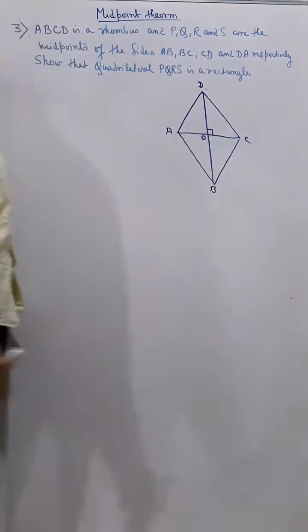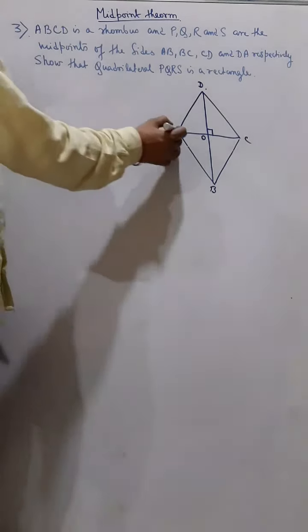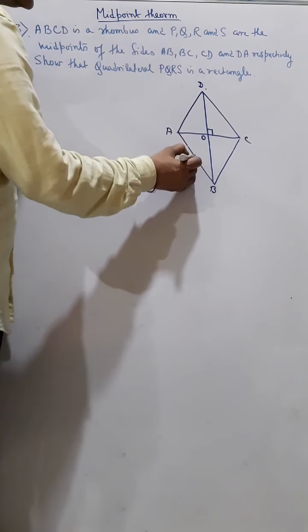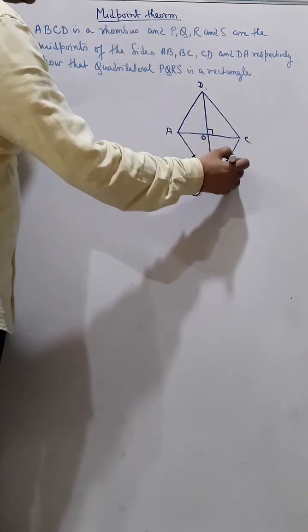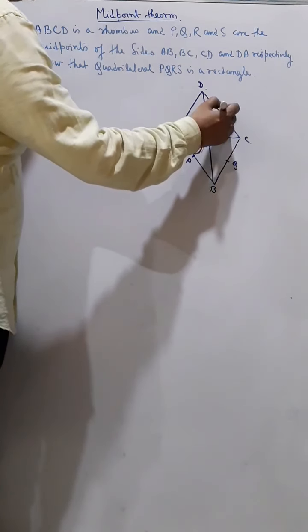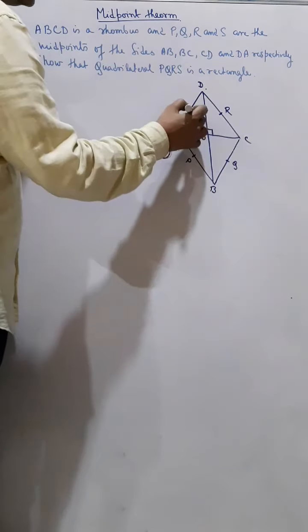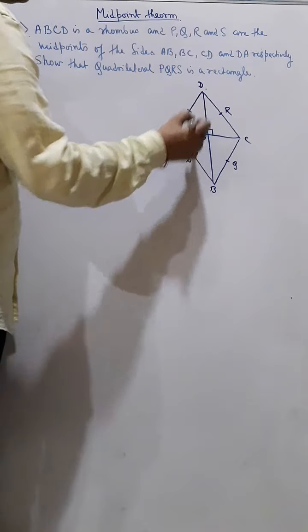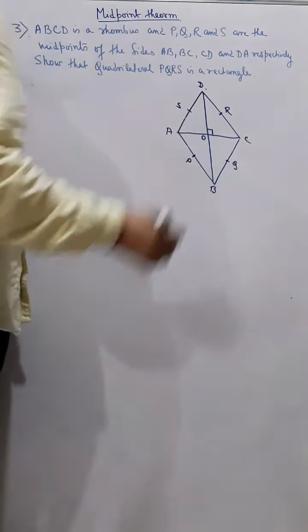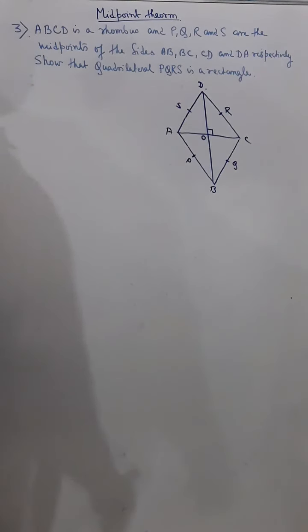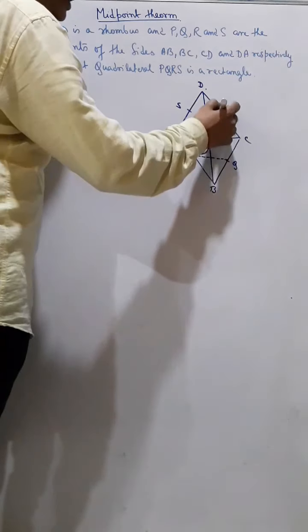Okay. Now they told P, Q, R, S are the midpoints of the sides. So AB, the midpoint, this is P, this is BC, the midpoint is Q. For CD, the midpoint is R, and for AD, the midpoint is S. And we have to prove that this PQRS forms a rectangle.